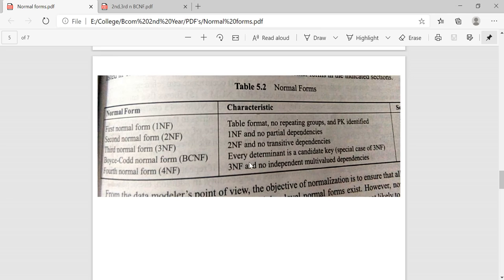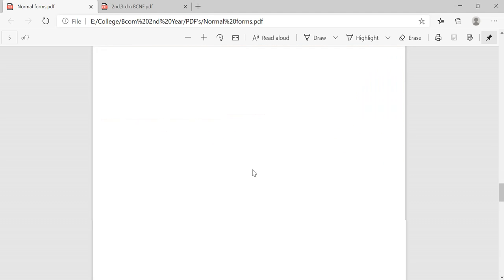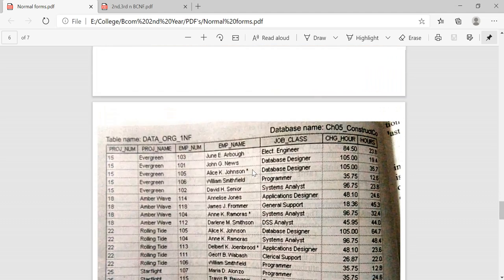So every determinant is a candidate key. This condition has to be satisfied if your relation has to be in Boyce-Codd normal form. Fourth normal form is out of our range, so I'm not going to discuss it.